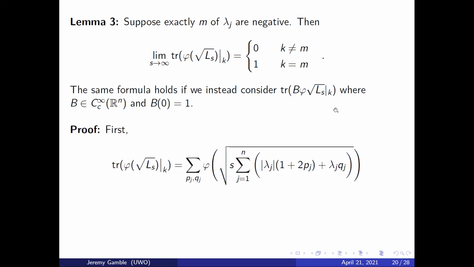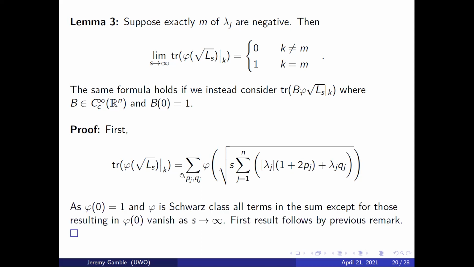To prove this, you basically just apply the spectral mapping theorem to this function phi. And because it's rapidly decaying, any of the terms that depend on s end up tending to 0 in the large S limit. So every term in this sum here is going to be 0 unless it's constant.